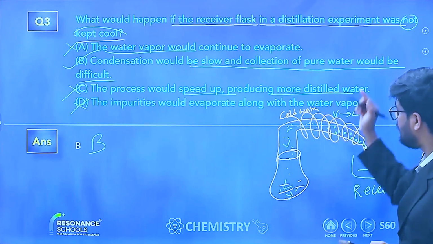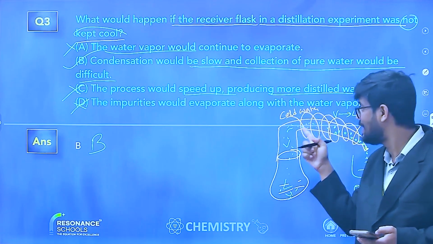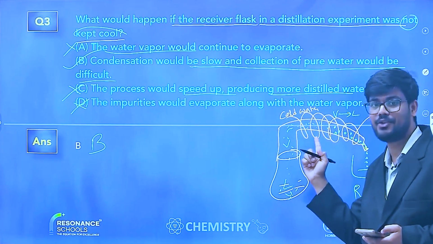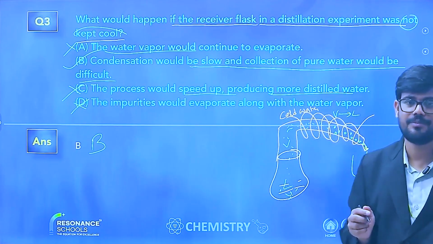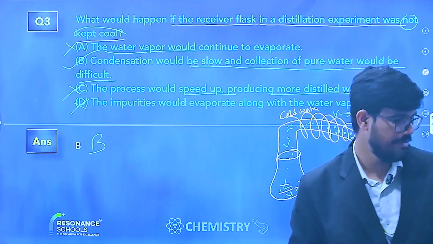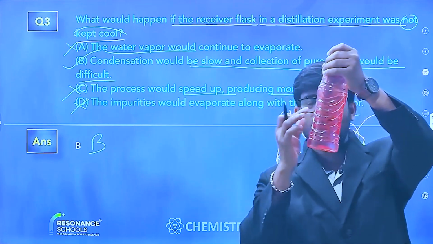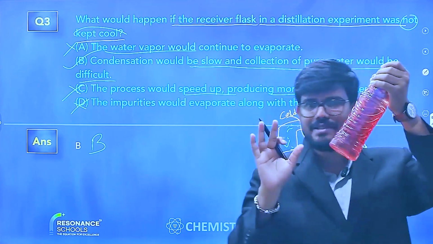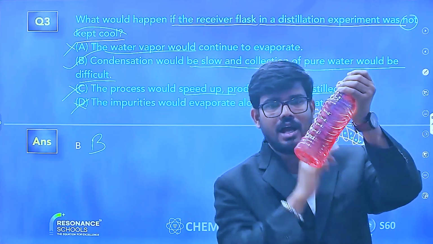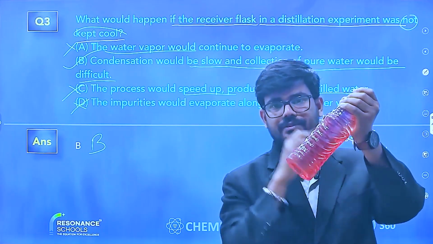See, cold water, always remember, we are not adding cold water inside this tube. This cold water will be outside this tube, right? For example, let's consider this bottle. Now, inside vapor is there, water vapor, and now I am just fixing one tube above this.